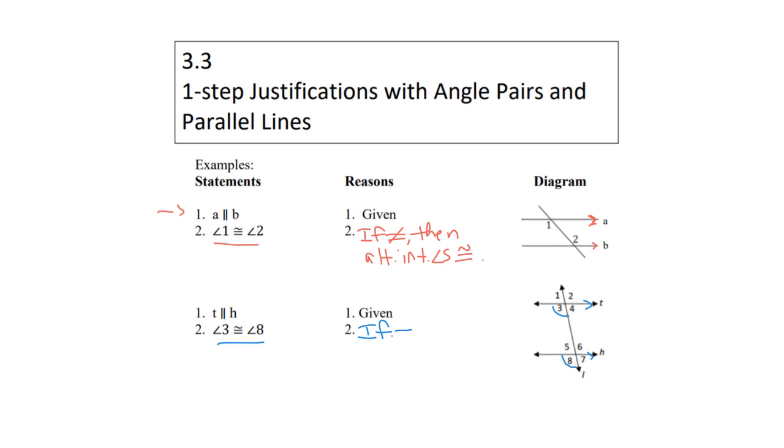So we know if two parallel lines are crossed by a transversal, then corresponding angles are congruent. So that is why we know angle 3 is congruent to angle 8 because the lines are parallel. So again, it's all about that hypothesis and conclusion. If this, then this, why?